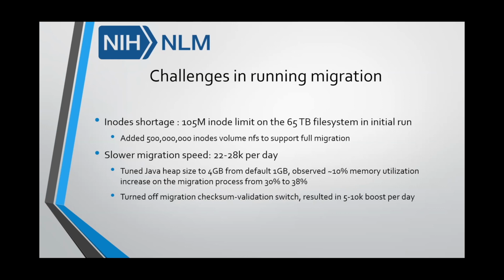And also, it's worth mentioning we turned off the checksum validation switch, so that gives it about a 5 to 10K boost there as well. Another thing people could do to increase the performance is to switch, instead of using the SHA-512 hashing algorithm, to SHA-256, which I think is also OCFL compliant. But it just probably calculates faster with SHA-256.